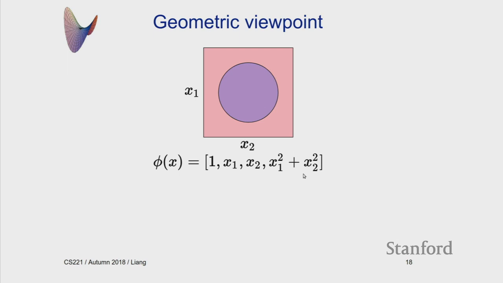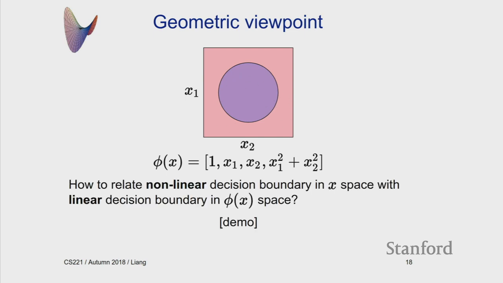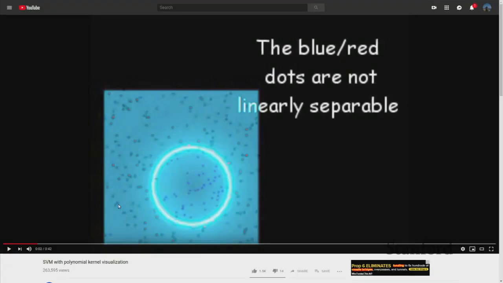The details of how I got this aren't so important, but the point I want to stress is that if you define it this way and look at linear classifiers on this phi of x, you can get these circles. Let me show you this video, which I think helps illustrate this concept.